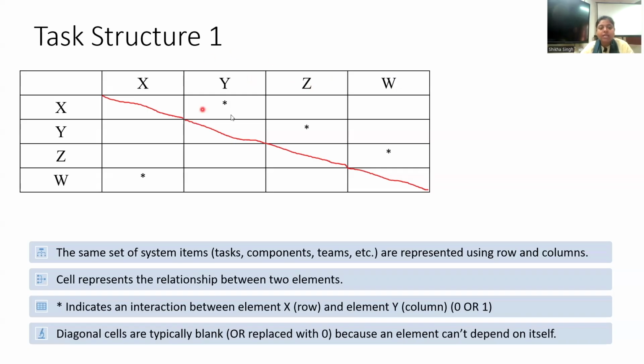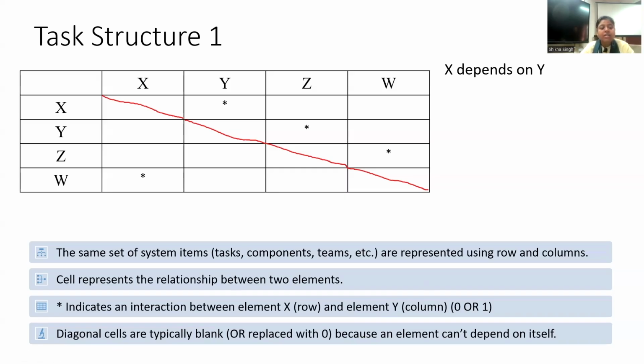So when there is a star, it means X and Y are dependent. X is receiving information from Y, or X has the predecessor Y. X depends on Y. X is the information receiver or successor, and Y is the predecessor to X.